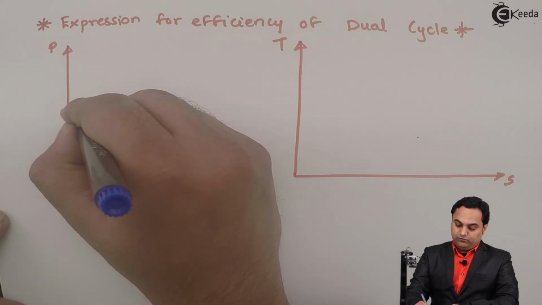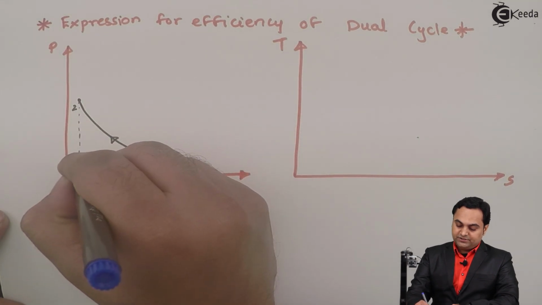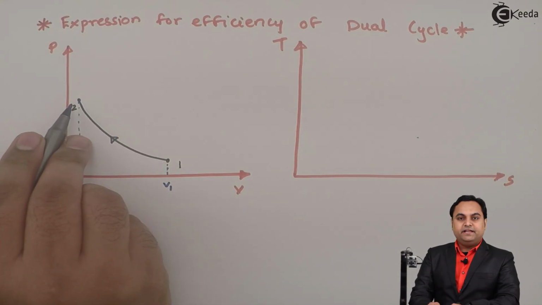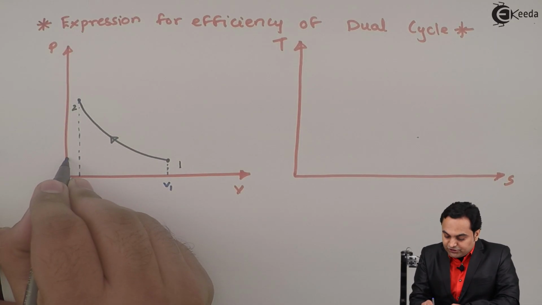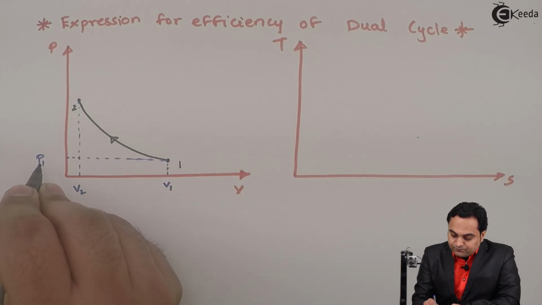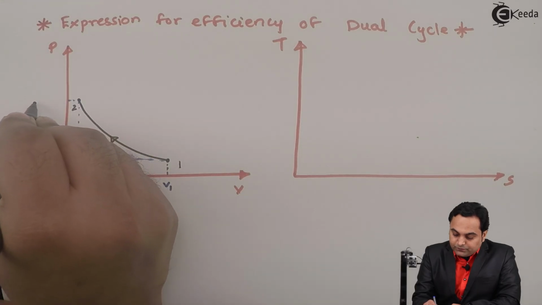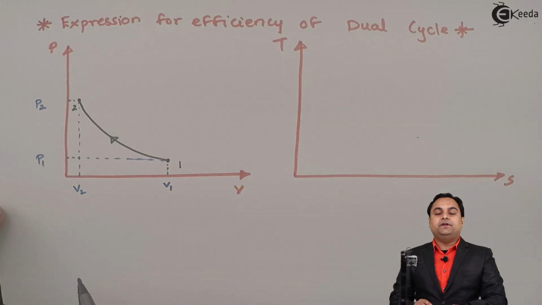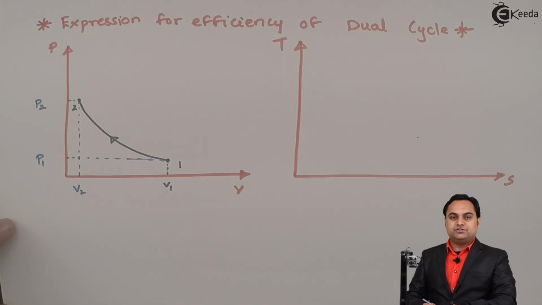At point number 2 the volume is less, it is decreased, so this is V2. So when the reduction of volume takes place and there is rise of pressure from P1 to P2, now this will be called as isentropic compression process.